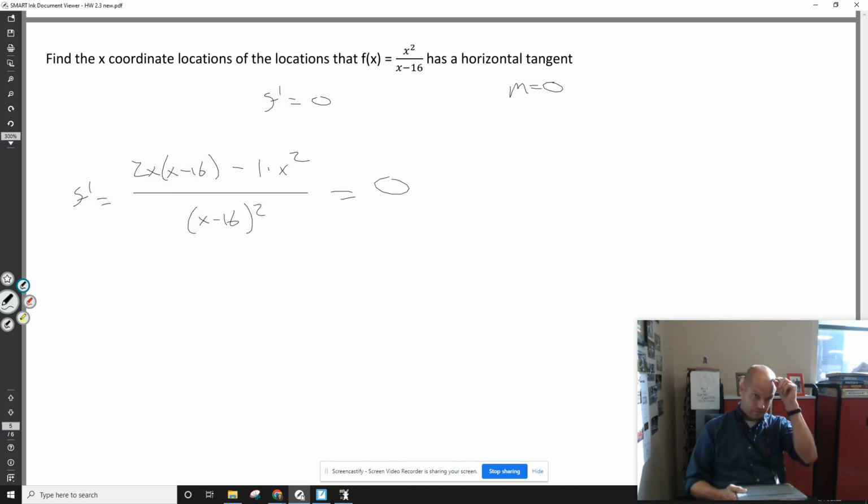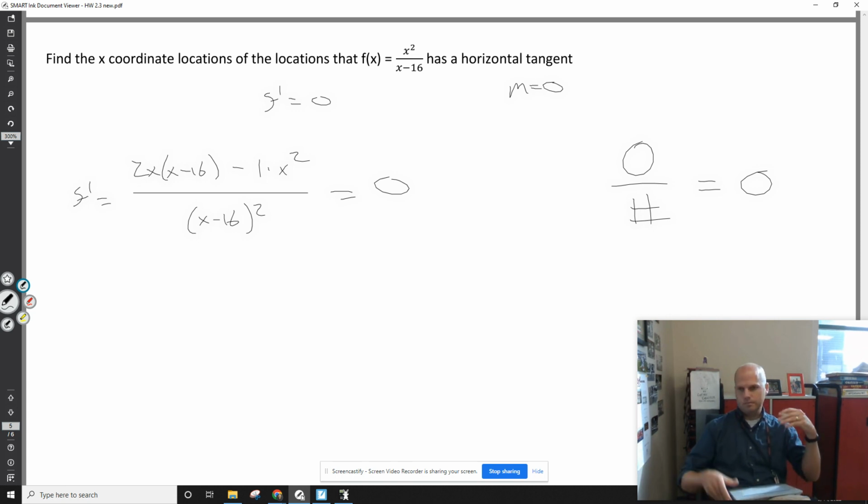Set equal to 0. Now, great thing about 0 is that when you have a fraction that equals 0, as long as your bottom is not 0, because you're not allowed to have 0 over 0, if your top is 0, the whole thing's 0. So for this question, as long as I don't have a solution x equals 16, because at x equals 16 there is no point there, you'd have a number over 0.